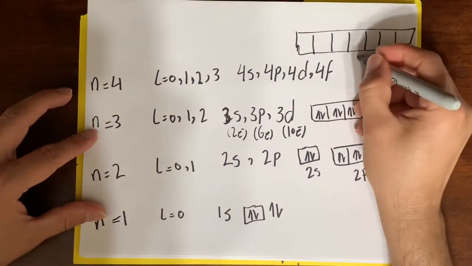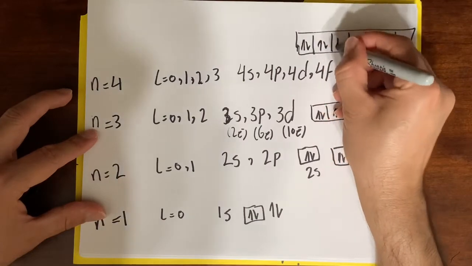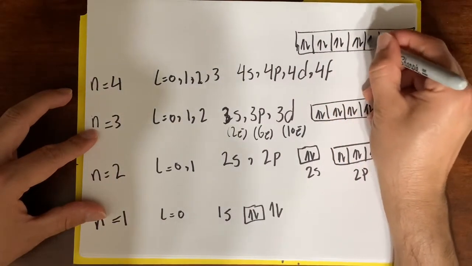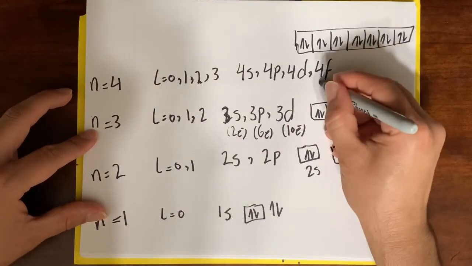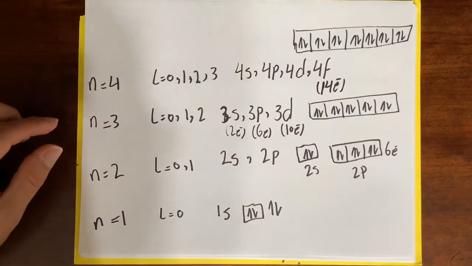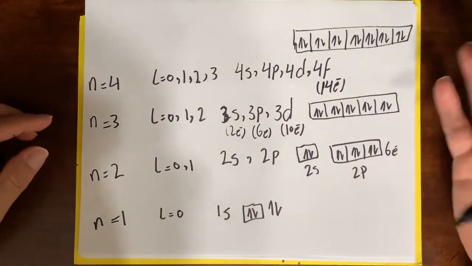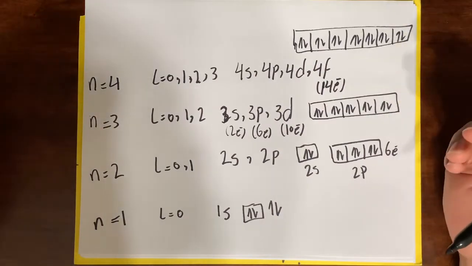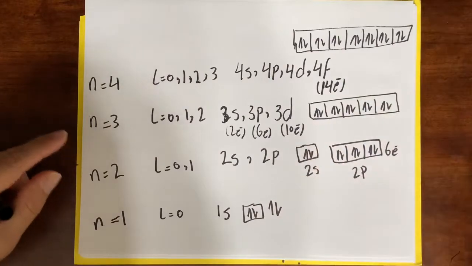You can accommodate 14 electrons in it. Okay, so now I can start with any element, put the electrons inside the first available orbital, and move on.